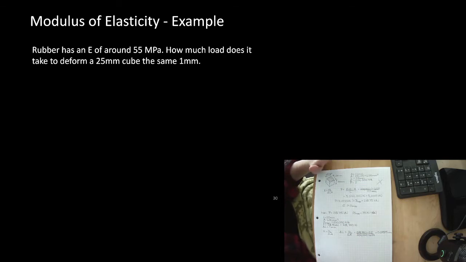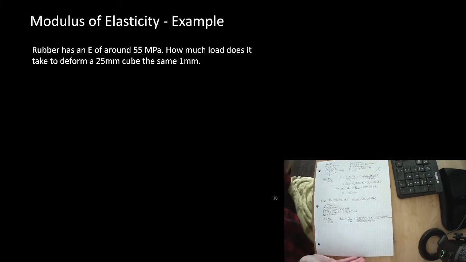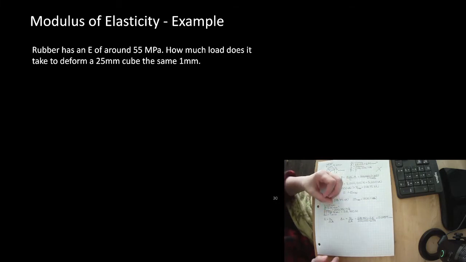Okay, this particular rubber has an E, or a modulus of elasticity, of around 55 MPa. How much load does it take to deform a 25 millimeter cube the same 1 millimeter? We don't know what the maximum stress this can take, but have any of you ever played with those round, hard balls?